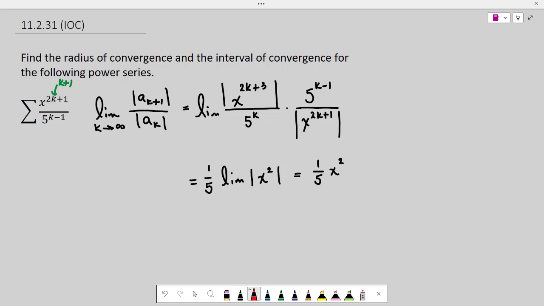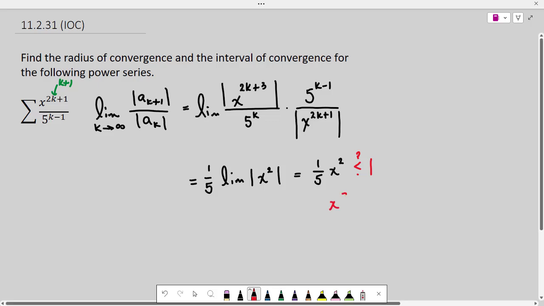Now once again, root and ratio test, we want to know, when is this less than 1? That's the big question. So that's what we need to know. Some x's are going to give us less than 1 and some aren't. So we just have to figure that out. So we're going to multiply both sides by 5. x squared less than 5.